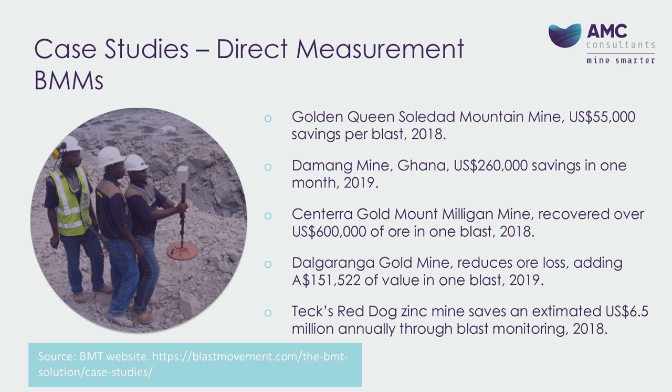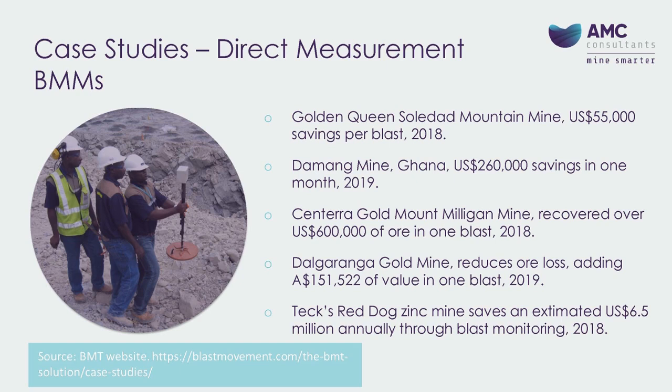The Golden Queen Solidarity Mountain Mine was found to save $55,000 US per blast in 2018. The Damang mine in Ghana found $260,000 US savings in one month alone in 2019.